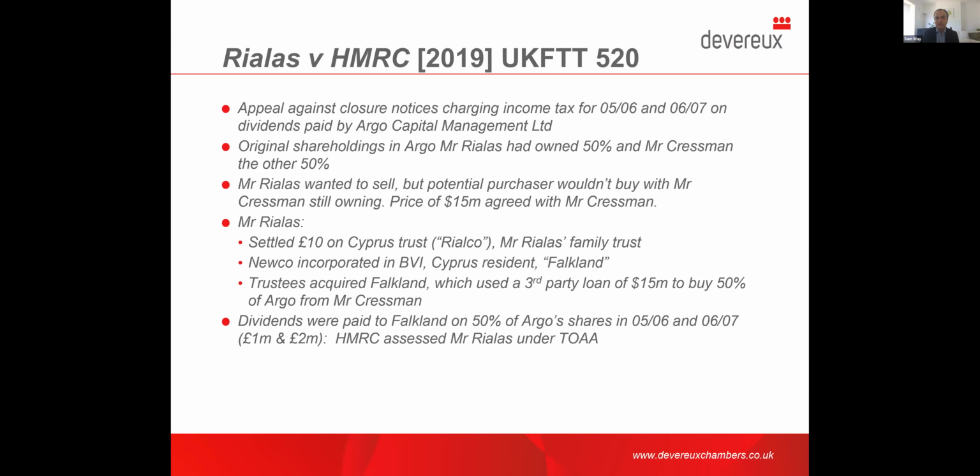On the motive defence, Mr. Realas's motives for the transfer were broadly commercial, save for the interposition of the non-resident trust. The FTT considered that this part of the structure was considered to have a tax avoidance motive, which, if it had been relevant, would have precluded Mr. Realas from taking advantage of the motive defence.